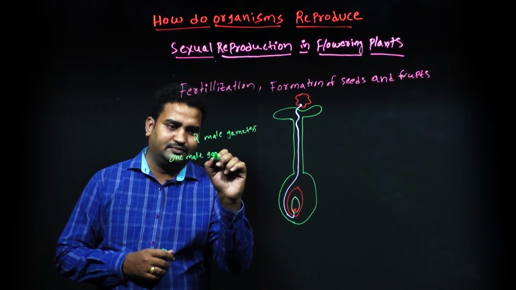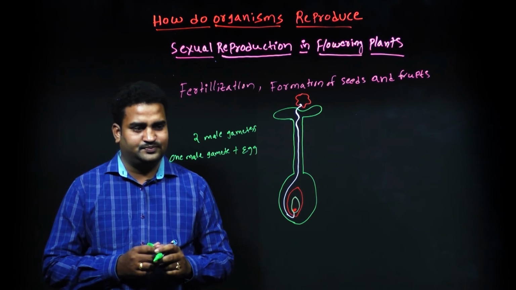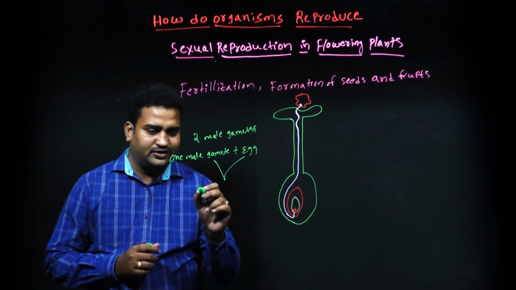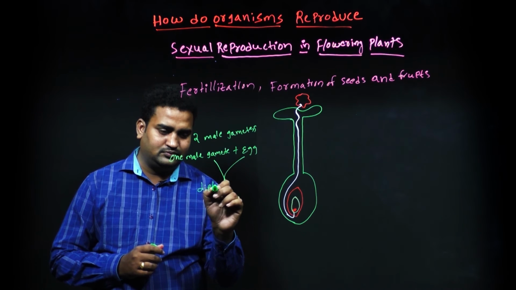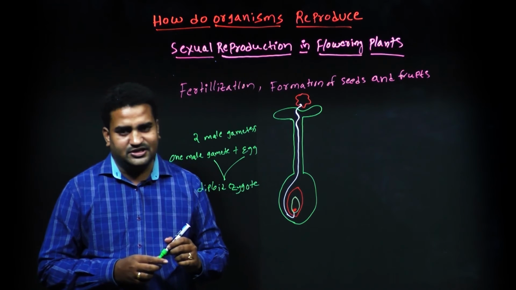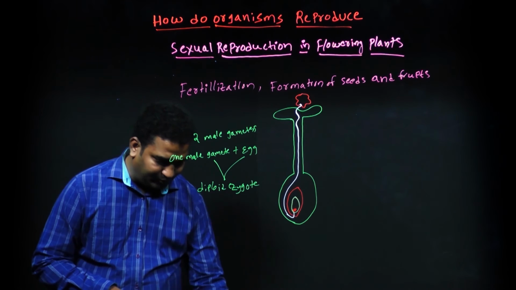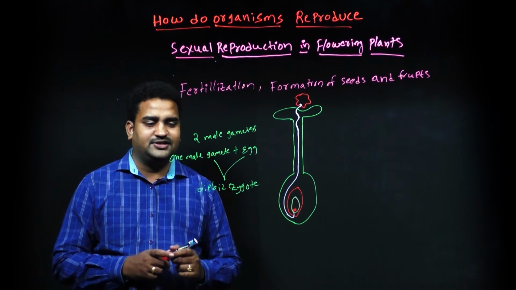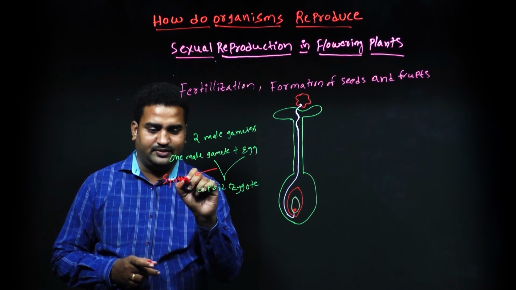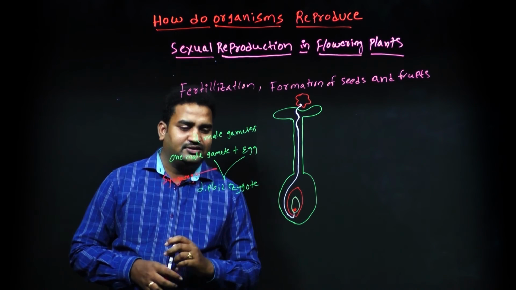So fusion of the male gamete with the egg results in the formation of a diploid zygote. We know gametes are haploid. So these haploid gametes fuse and form the diploid zygote. This fusion is called syngamy or fertilization.